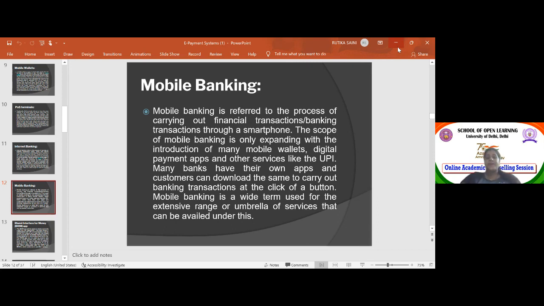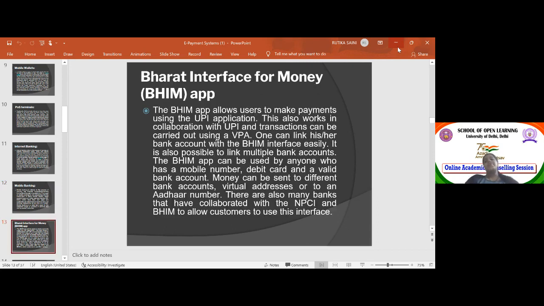Okay. And finally, we have the Bharat Interface for Money, that is Bhim. The Bhim app allows users to make the payment using the UPI application. So it is also just kind of a UPI application, just like Google Pay and all.